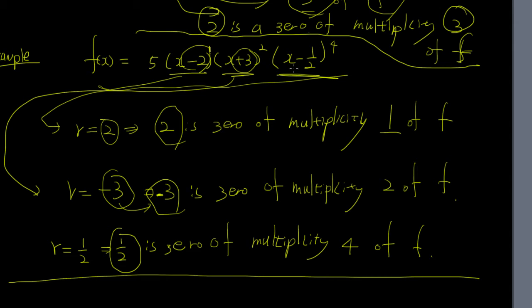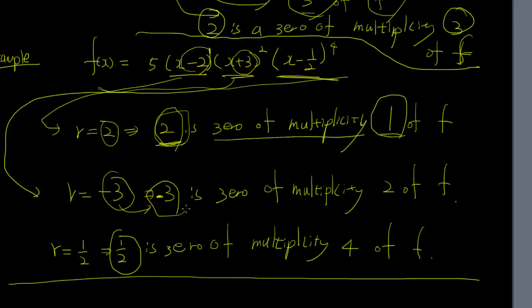So 1/2 is also a zero. But this 2 is a zero of multiplicity 1, which is odd. If it's odd, then the graph is going to cross at x equals 2.